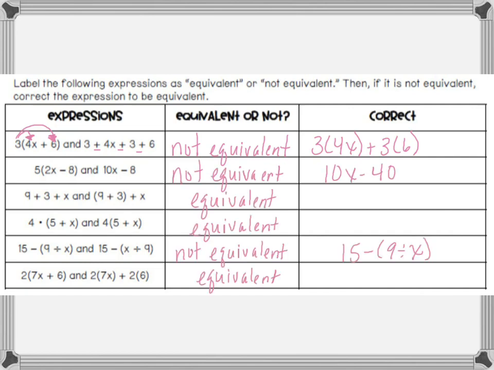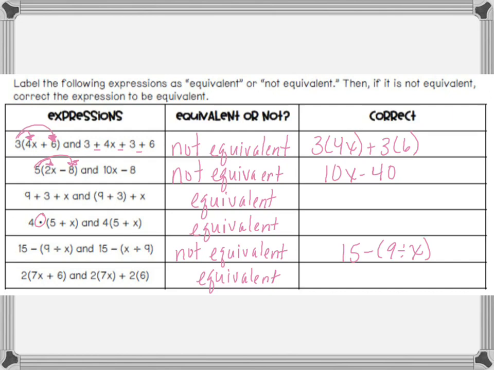All right, check your work. We saw that in the second problem, it's not equivalent. They distributed to the 2, but not to the 8. Number 3 was equivalent. That's the associative property. Number 4 is equivalent. They just used a dot to represent multiplication here.